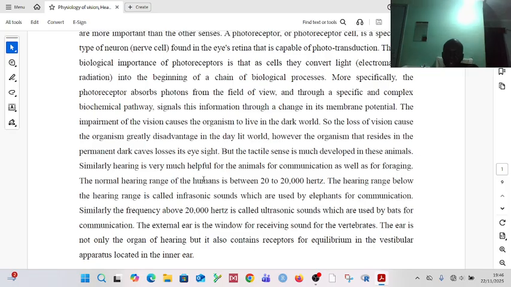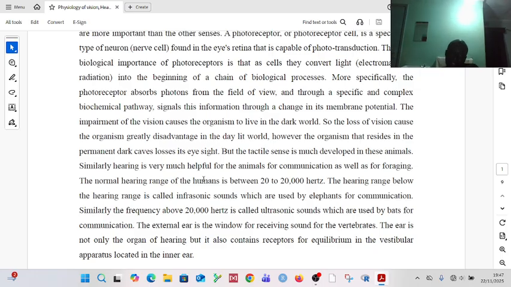Their photoreceptors don't transmit any information. So with time, such animals end up becoming blind, just because they live in an area where their eyes cannot perform their function.